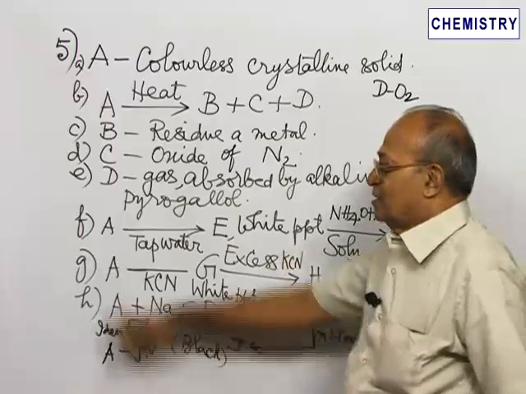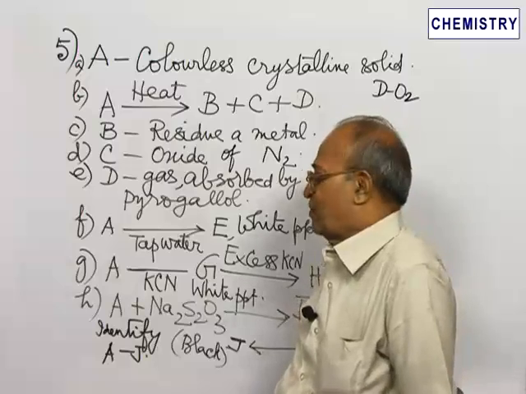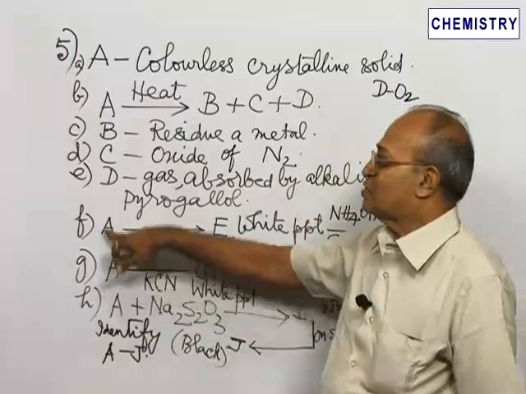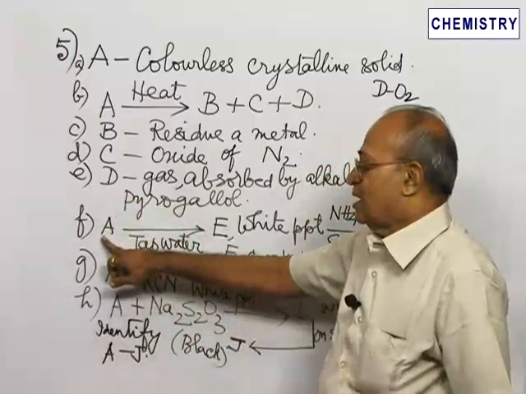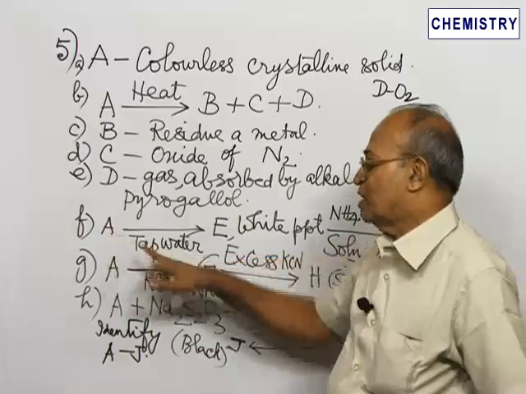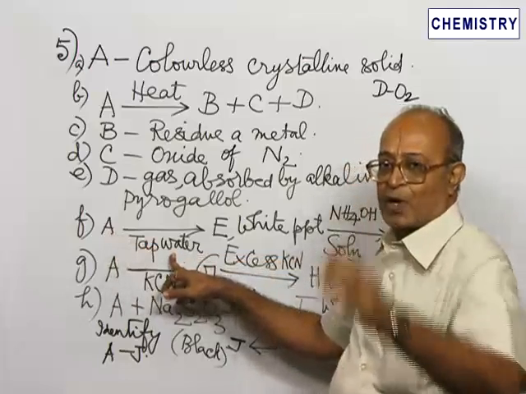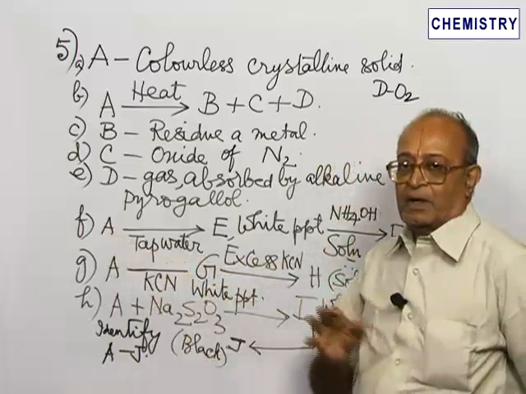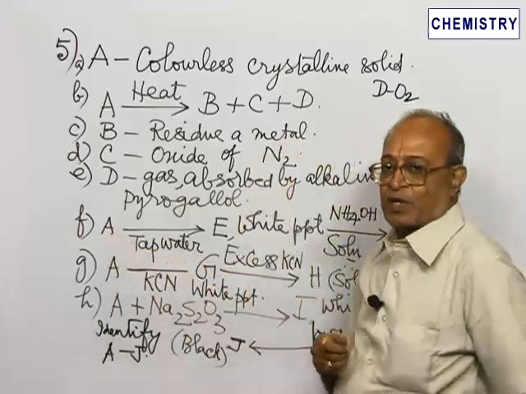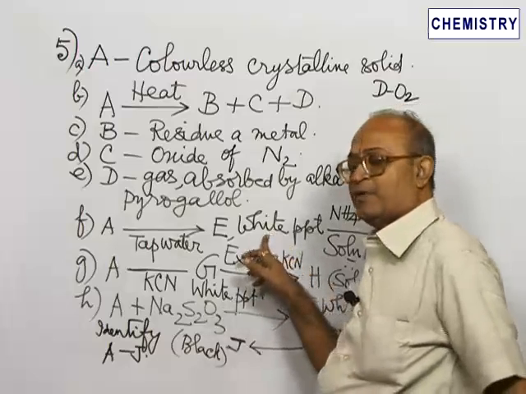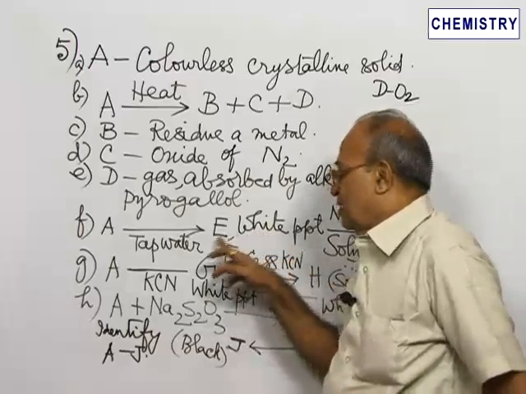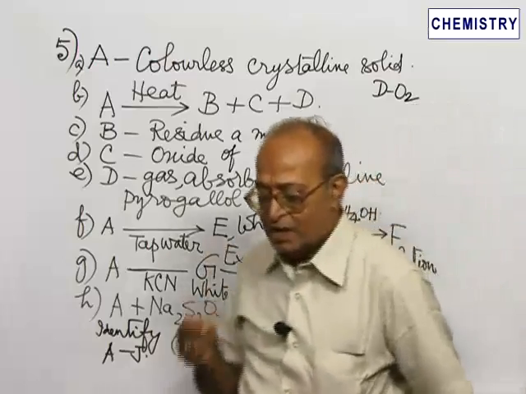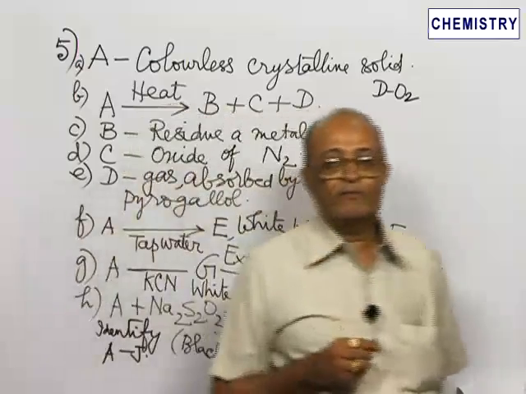All right. Come to reaction F. Again, A is a salt solution actually. A in the form of aqueous solution is treated with tap water. Immediately, as soon as the first drop of tap water is added, you get a white precipitate, which is E. Of course, here is another clue.